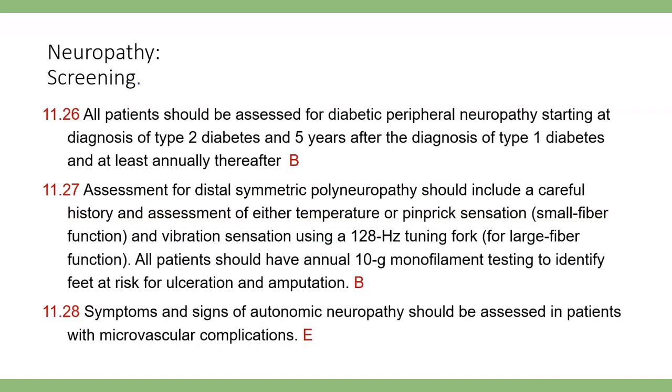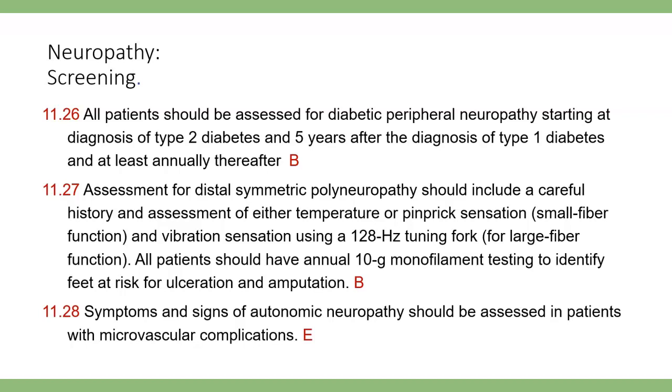So everyone should be diagnosed, especially type 2. And then type 1 is a little bit different because type 1 usually comes on suddenly. It's a different kind of management, and complications have a different timeline as well. As far as assessing, you can do the pinprick with the monofilament testing, and they can have some autonomic neuropathy too.